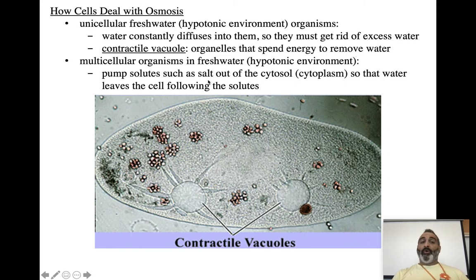All right. So multicellular organisms that live in freshwater need to move salt out. By moving salt out, water will follow the salt and leave. Unicellular freshwater organisms such as protista pump the actual water out with their contractile vacuole.